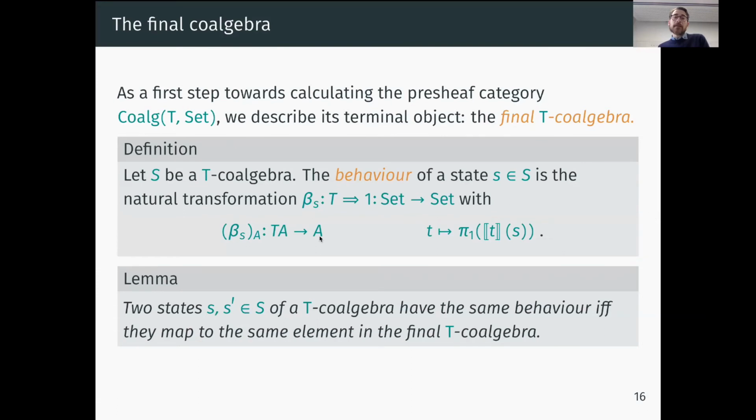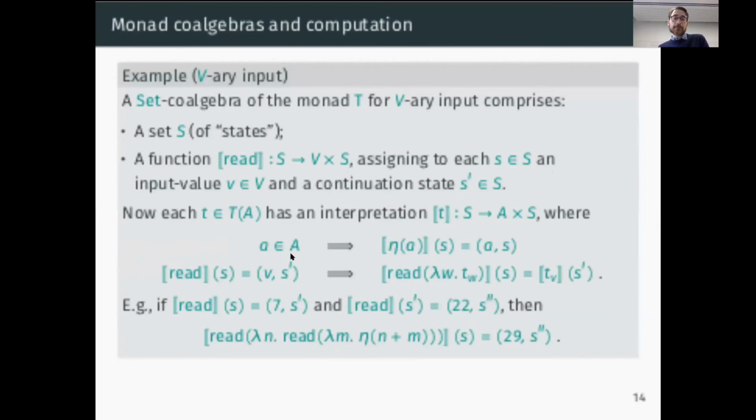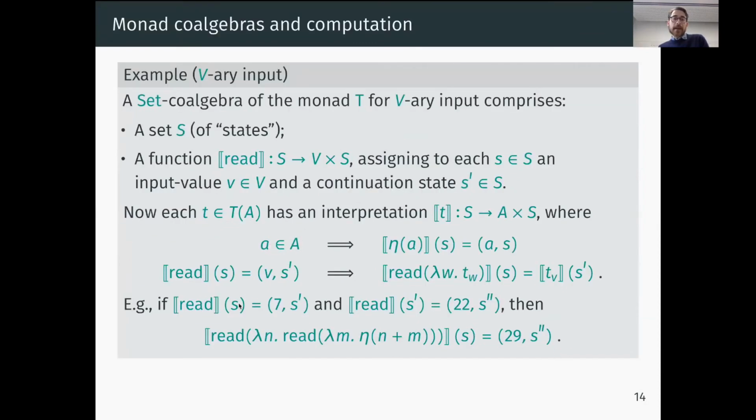Well, it's the element that I get if I run the computation in TA starting in state S. So remember this example here: this state S assigns to this little element of T(n) the value 29. So that's giving me a function from T(n) into n, sending this to 29.